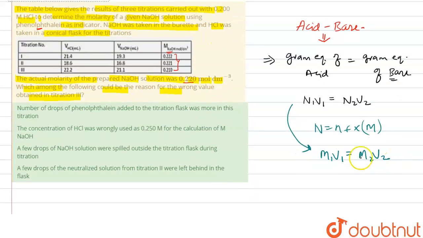We will apply this formula to find the concentration of NaOH for this volume. So let's see the options given to us.